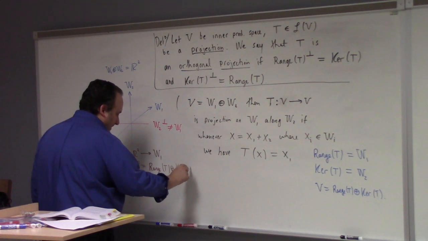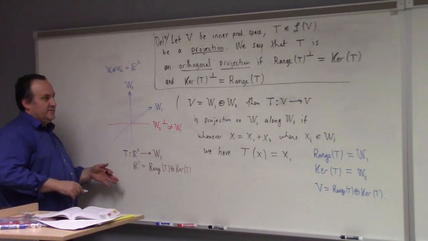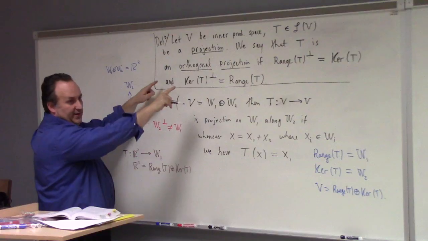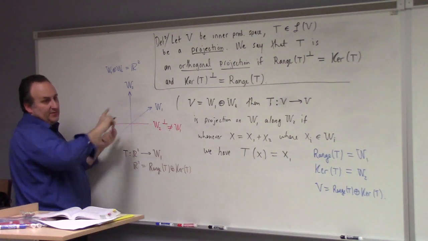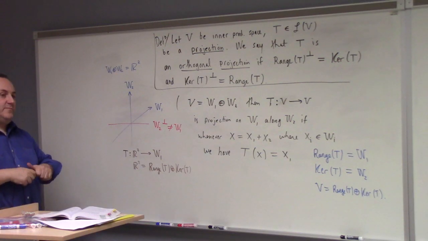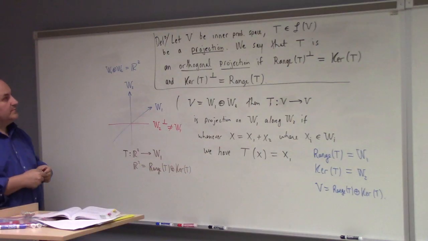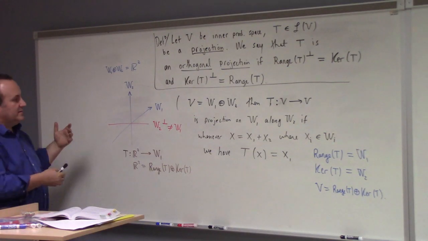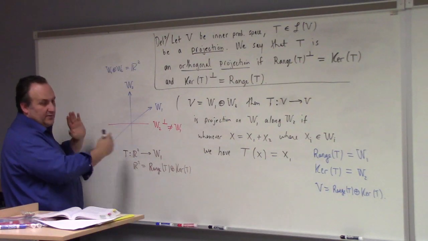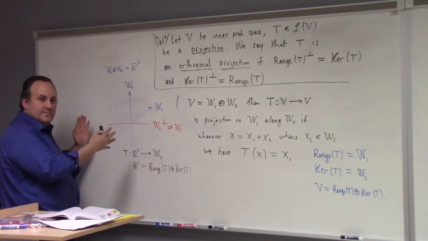That's true in this situation for the projection, but it is not true that we have what we have up here. We don't have that the perp of the range is the kernel and vice versa. So not every projection is an orthogonal projection, okay? But an orthogonal projection is one which not only has independent subspaces corresponding to the kernel and range, they're also perpendicular.